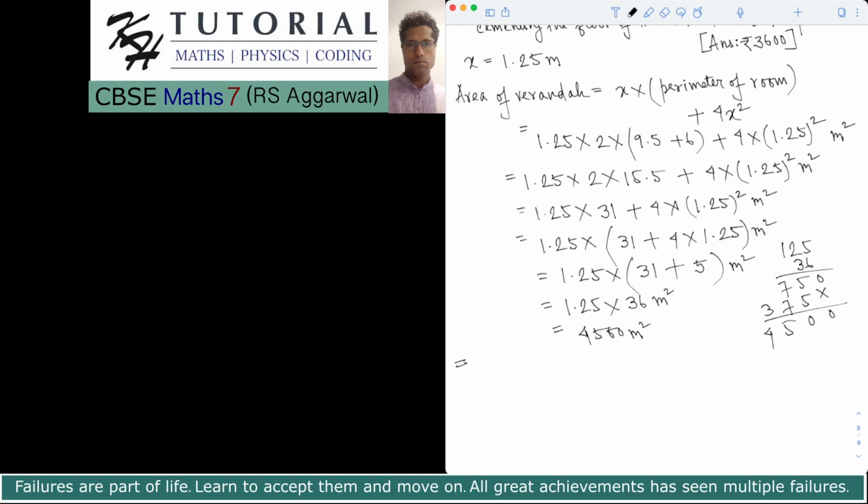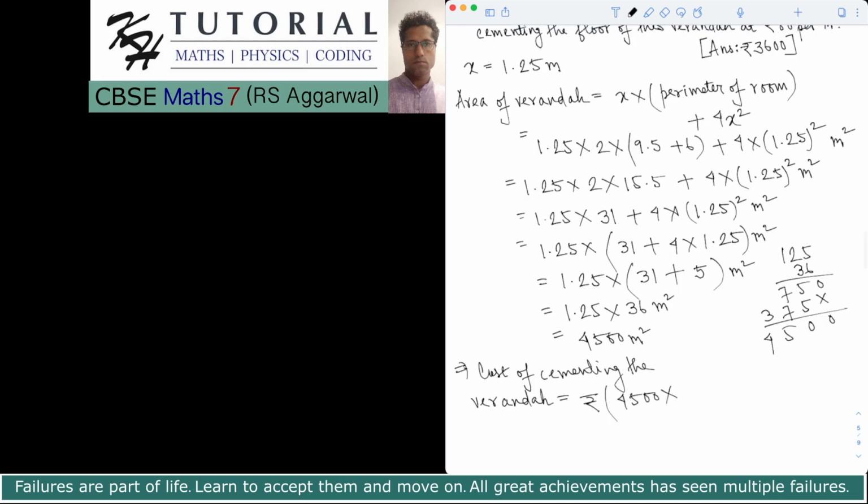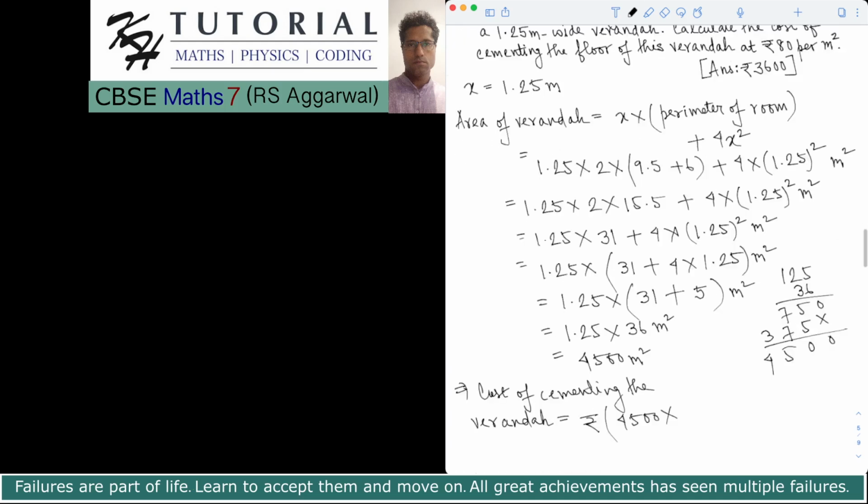So this implies the cost of cementing the veranda will be equal to the area of the veranda, which is 4500, multiplied by the rate of cementing, which is rupees 80 per meter square.